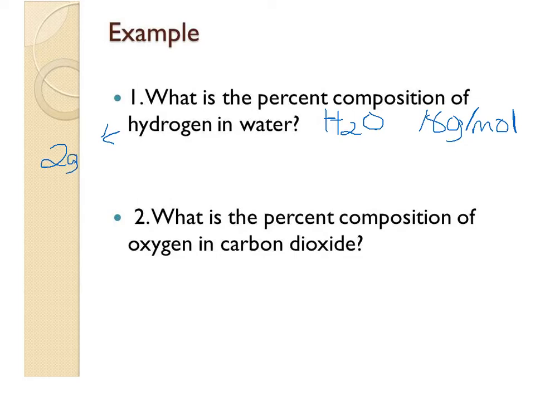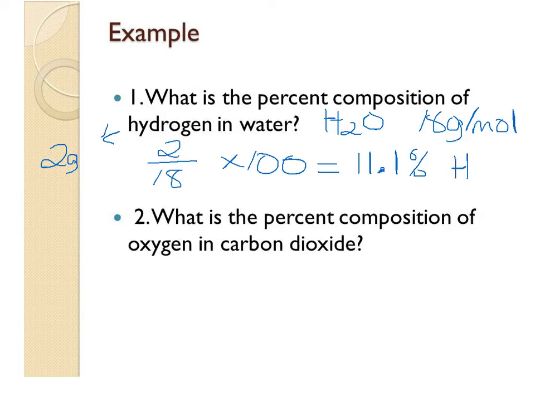So now we put the mass of the element, which is our hydrogen, over the mass of the total compound, which is about 18, times 100. When we do that, it comes out to about 11.1% of the water is hydrogen.